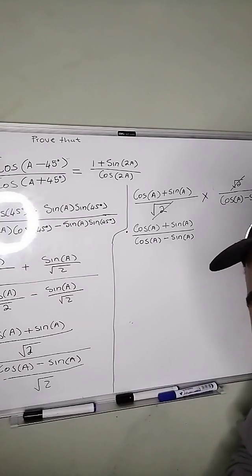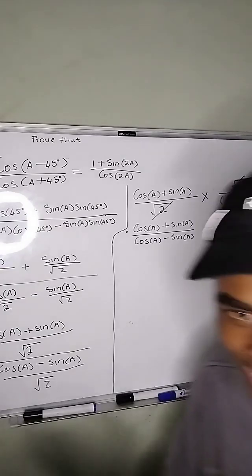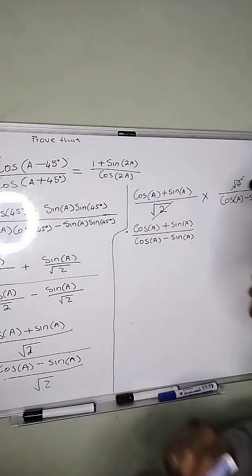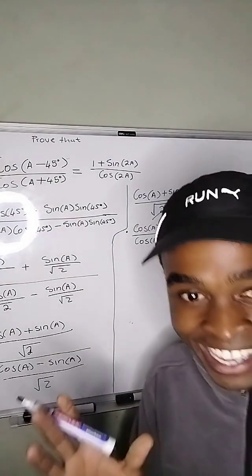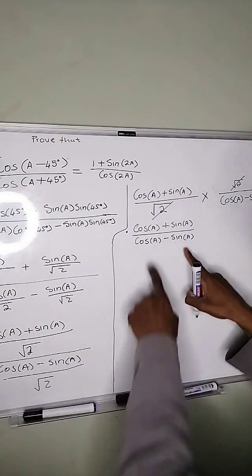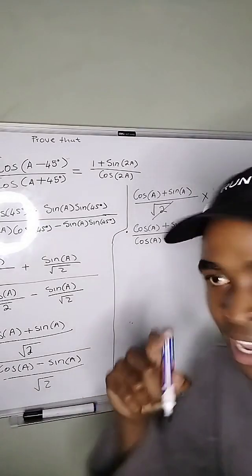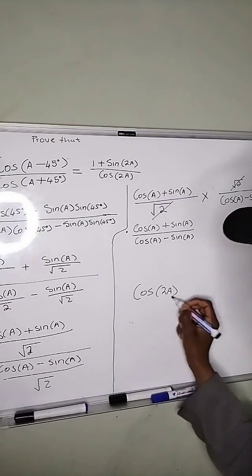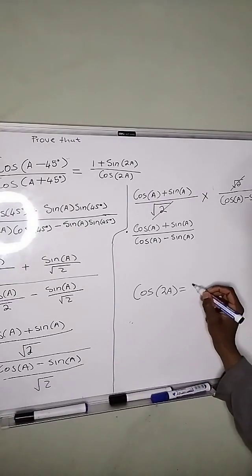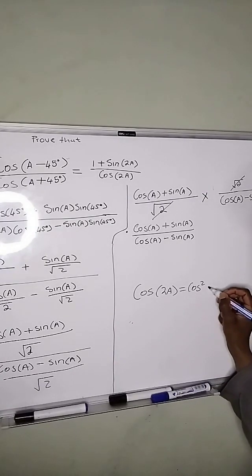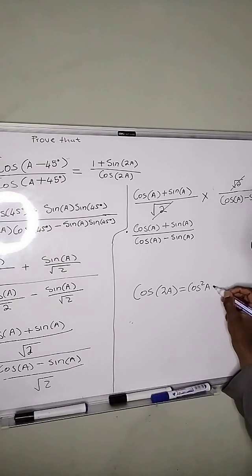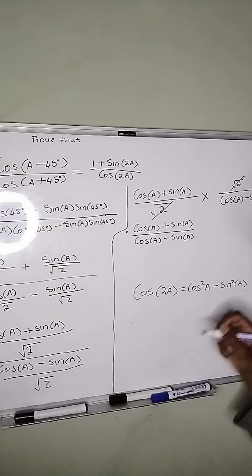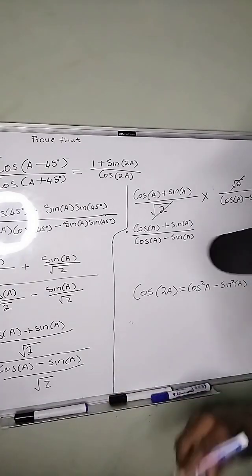Well, let's do it in two ways. What I was thinking here is that cos 2A is going to be equal to cos squared A minus sine squared A, right?